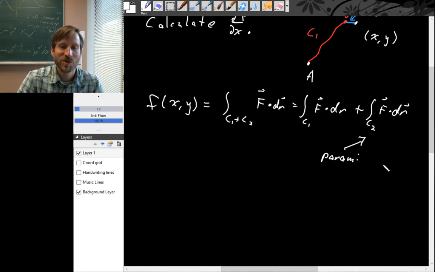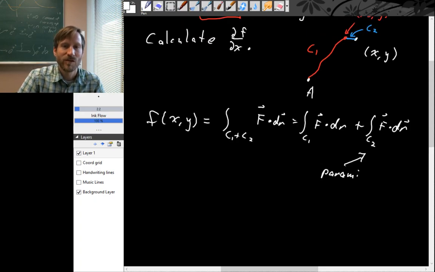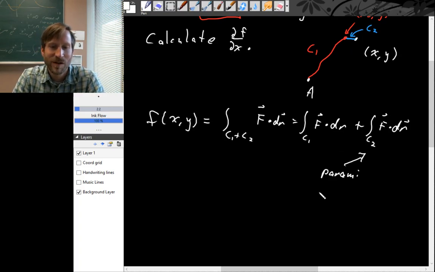So to parameterize just this blue segment of C2, well, this is a straight line that goes entirely horizontally. And so the x-coordinate in this line segment is changing, so let's use just our parameter t. And the y-coordinate on this part isn't changing, it's always y.